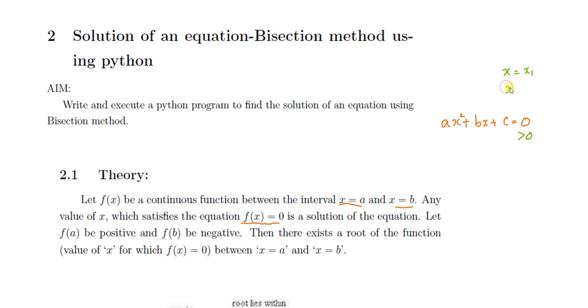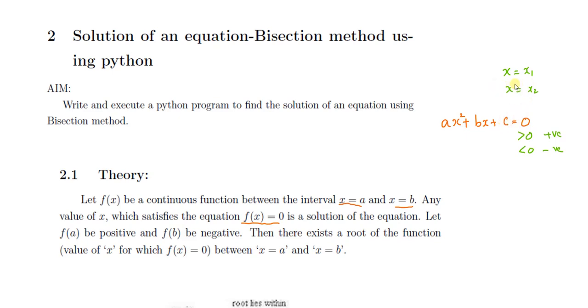Sometimes if you put a value x is equal to x2, you may get a value less than 0. So you get a positive value here, and a negative value here for this equation.